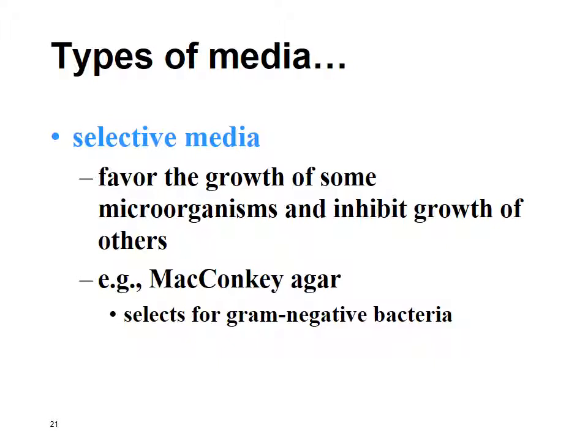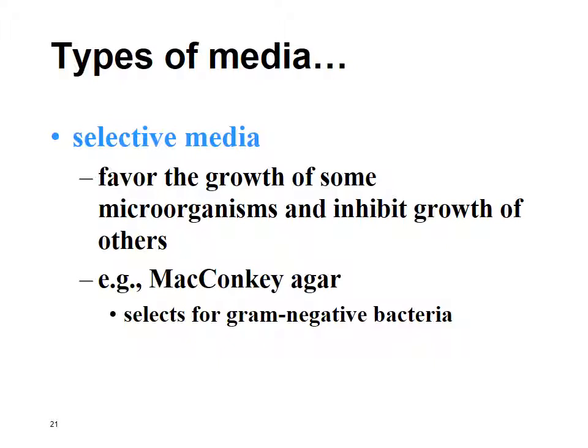And finally, selective media, which favours the growth of some microorganisms and inhibits the growth of others. One example is MacConkey agar, otherwise known as Mac agar, and this type of medium selects for gram-negative bacteria and inhibits the growth of gram-positive bacteria.